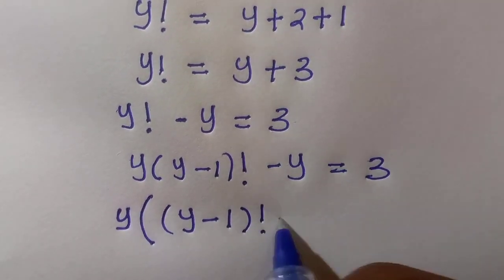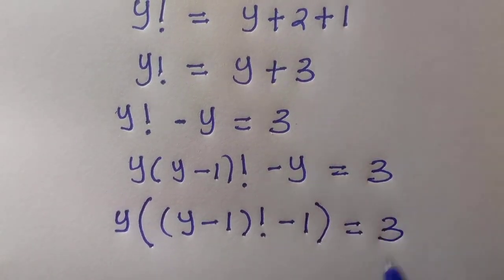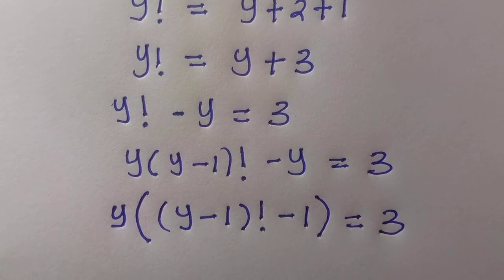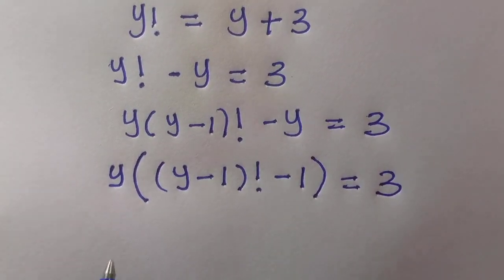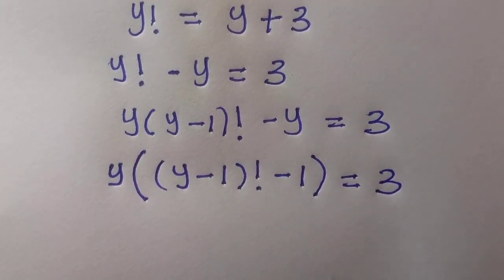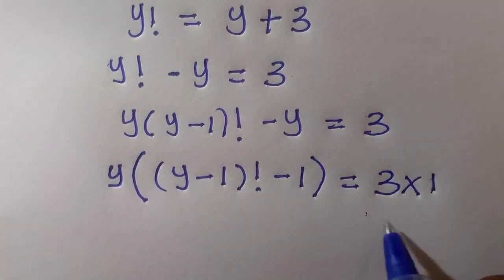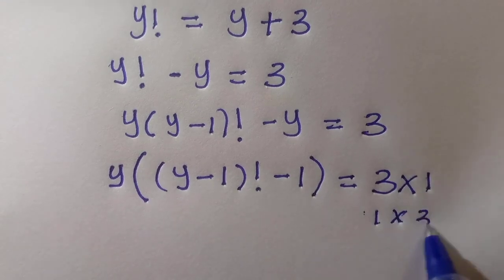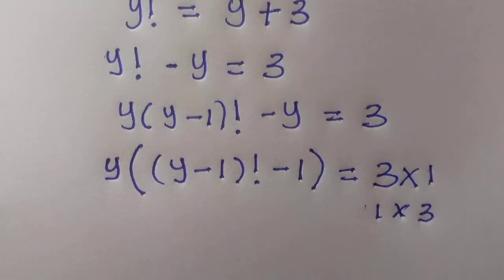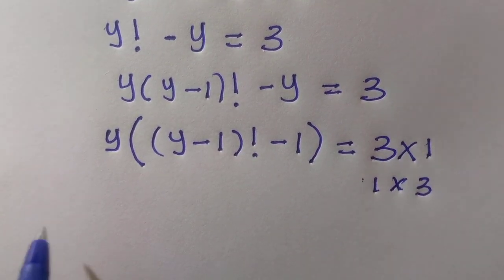minus 1) equals 3. On getting to this stage, we are going to consider the factors of 3. The two factors of 3 are 3, and the identity, 1, just like in a ring, a group. So here we have 3 multiplied by 1 and 1 multiplied by 3, which are the only two factors of 3.